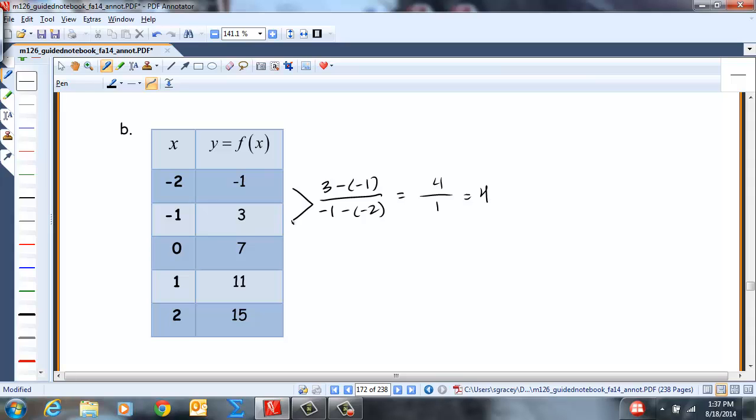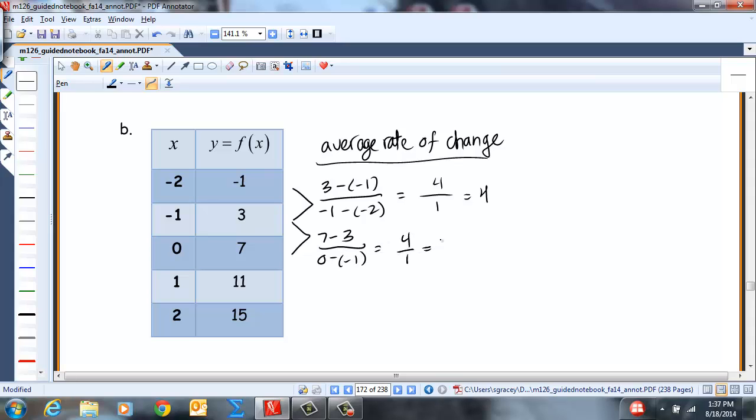All right, so then we'll test these guys. So this is the average rate of change. And we'll have 7 minus 3 over 0 minus negative 1, which would give us, again, 4 over 1, which is 4. So it's looking promising for a linear function.